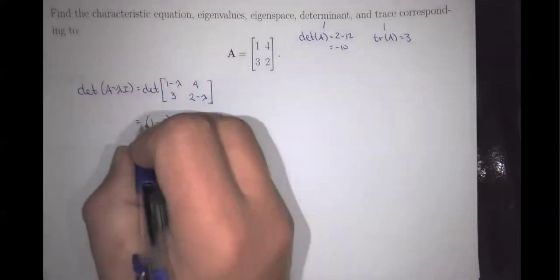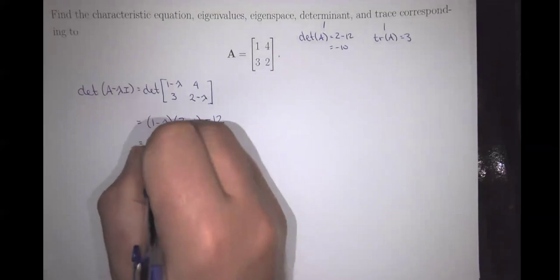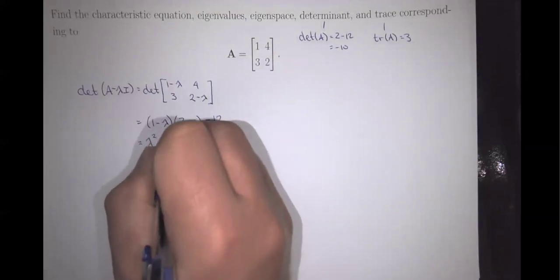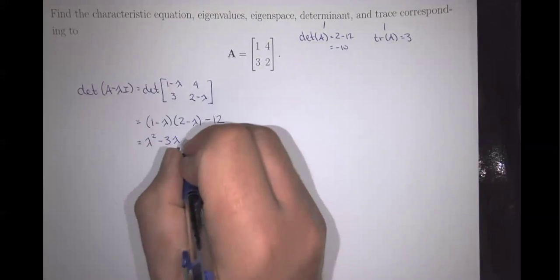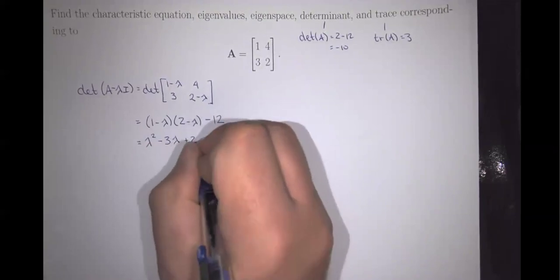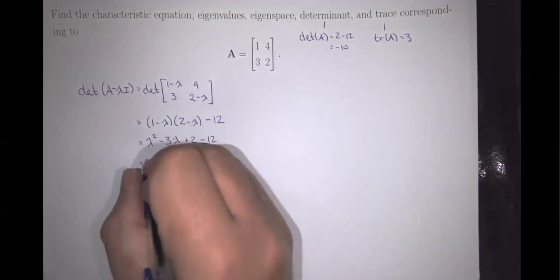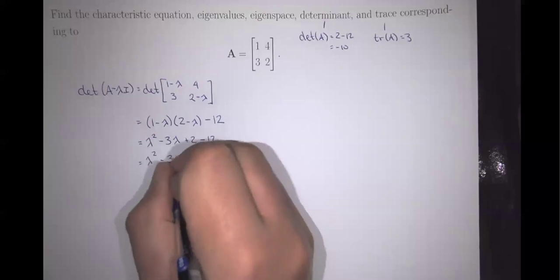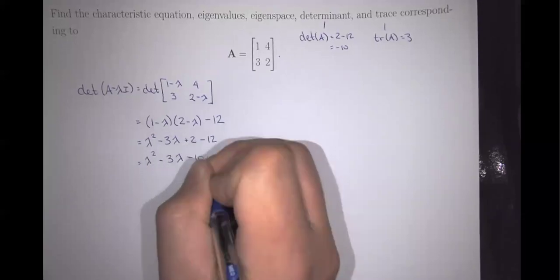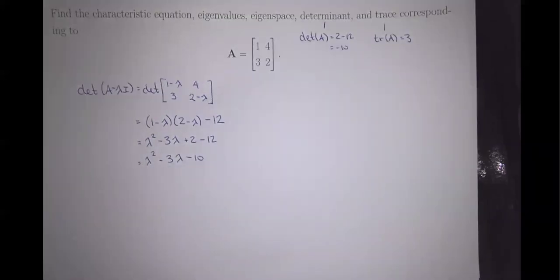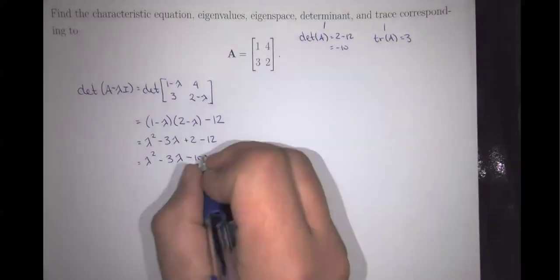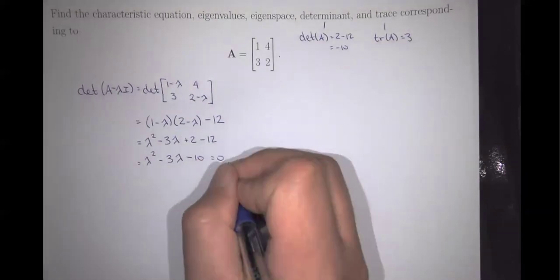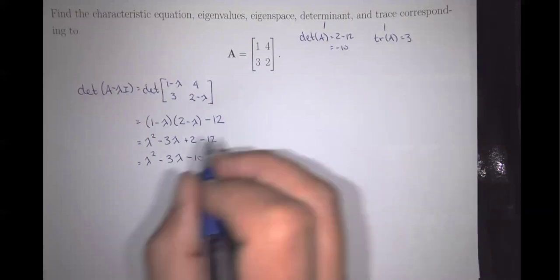So expanding this, we get lambda squared minus 3 lambda plus 2 minus 12. So that's lambda squared minus 3 lambda minus 10. And we want to set that equal to 0 and find lambda.